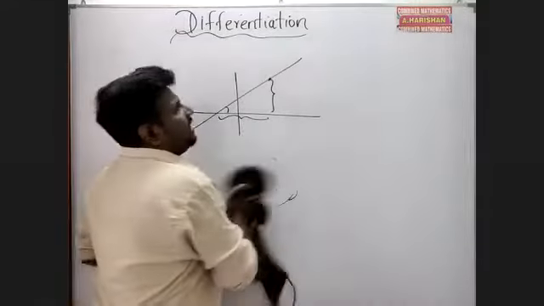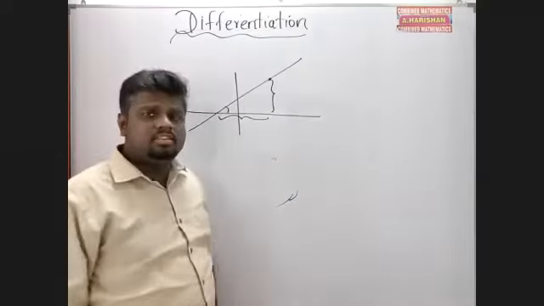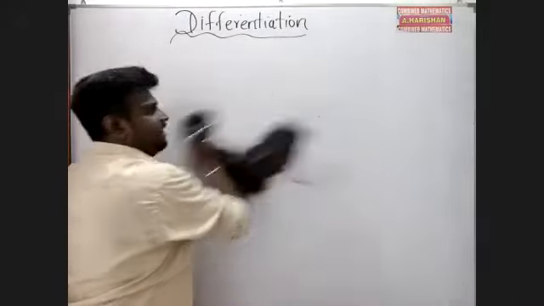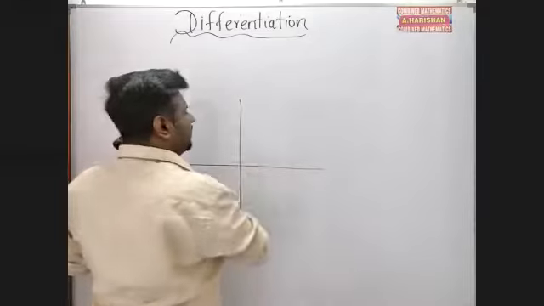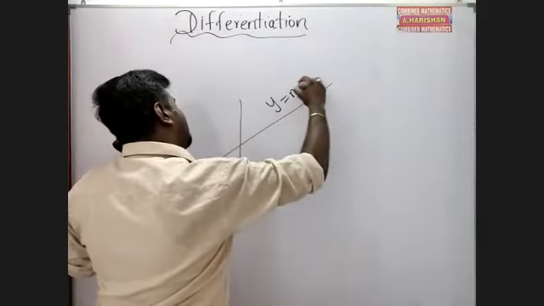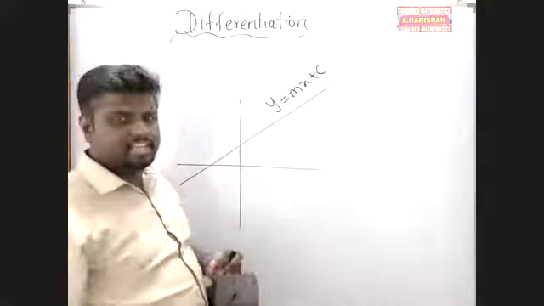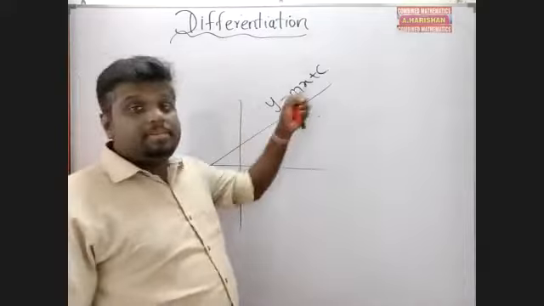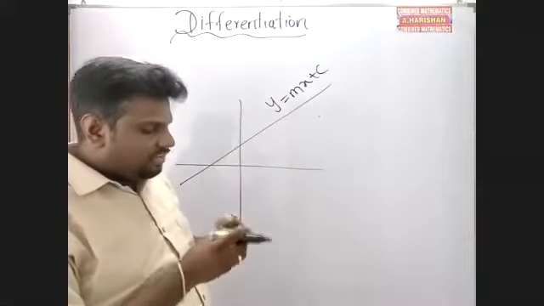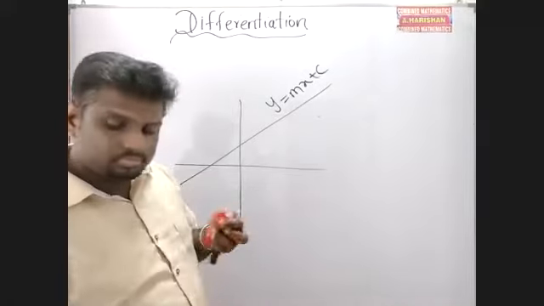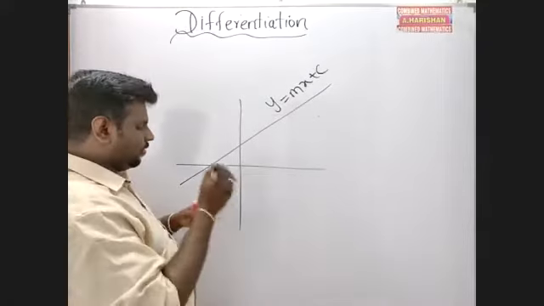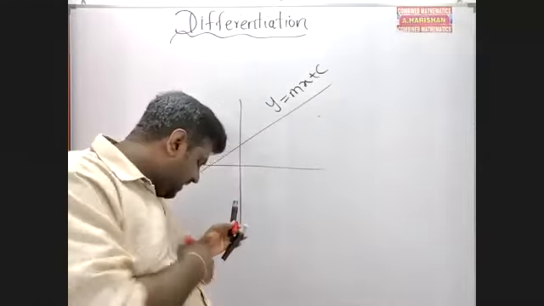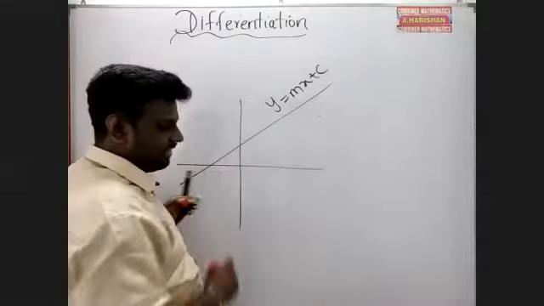So then why do we need differentiation to find the gradients? If there is a straight line, for example y equals mx plus c, quickly, I won't waste time because you know these things already.